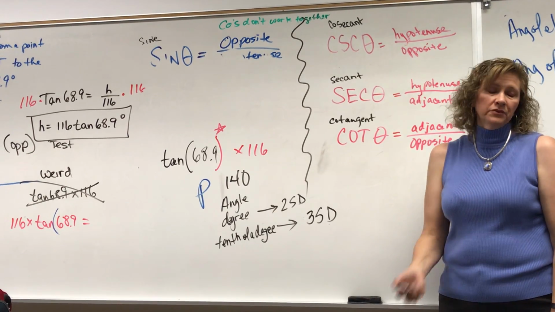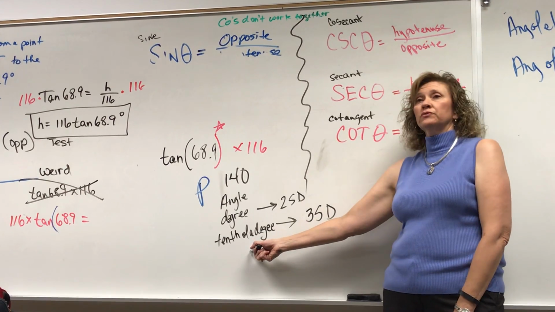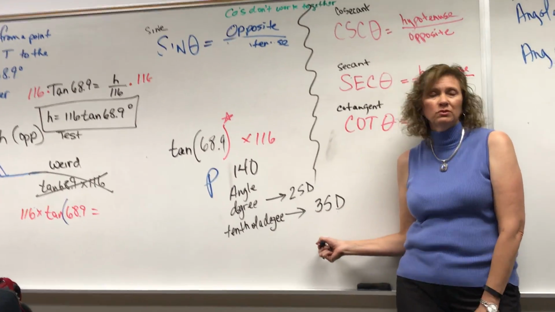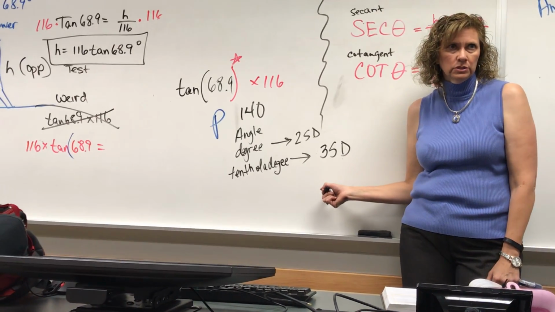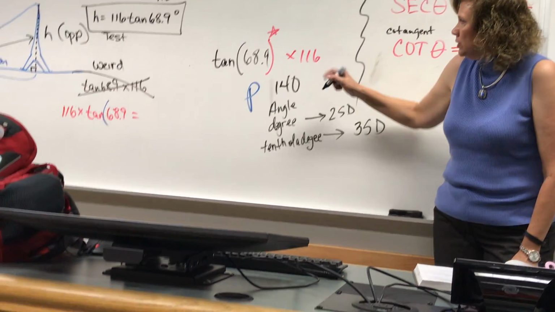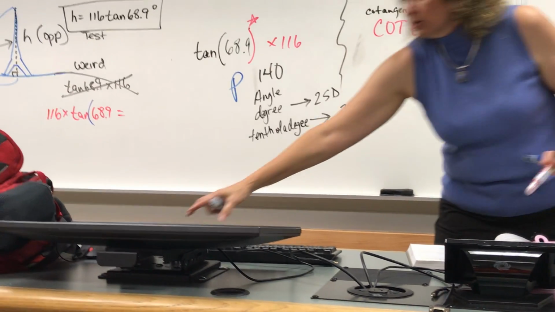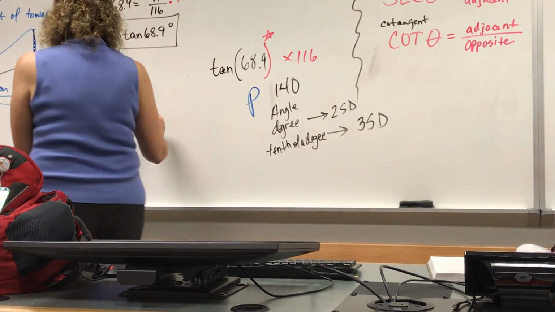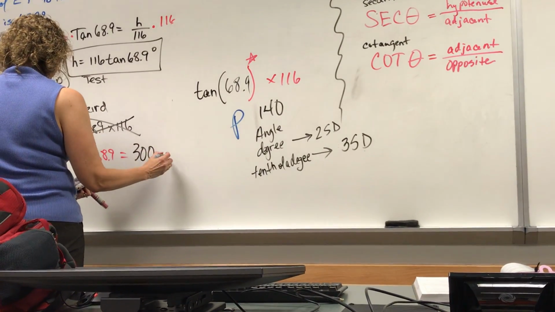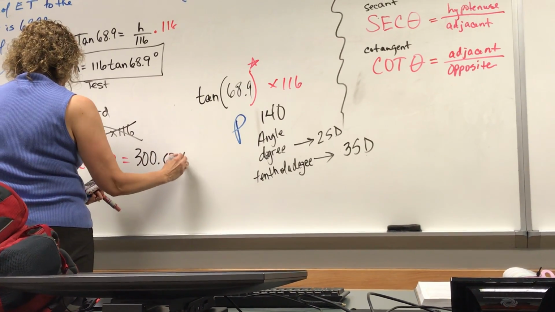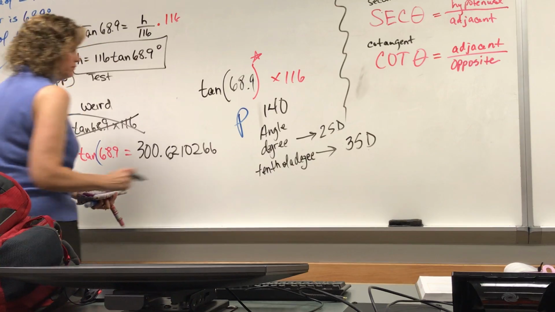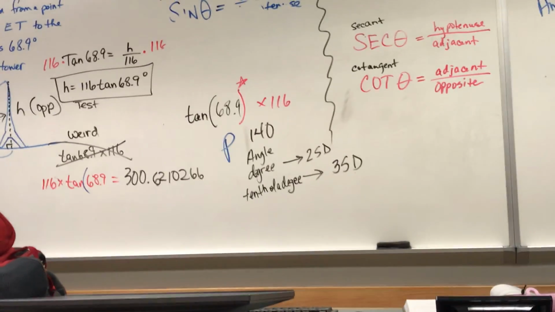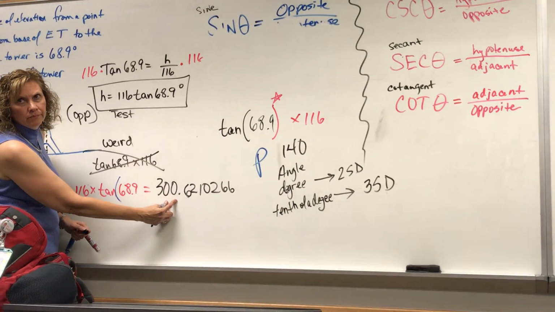The chart, technically, says if it's to the hundredth of a degree, you're going to give it to 4 significant digits. You won't have any problems in this textbook that go to the hundredth of a degree. So this is to the tenth of a degree, and when you punch it up, you get 300.6210266. Okay. Are these zeros significant?